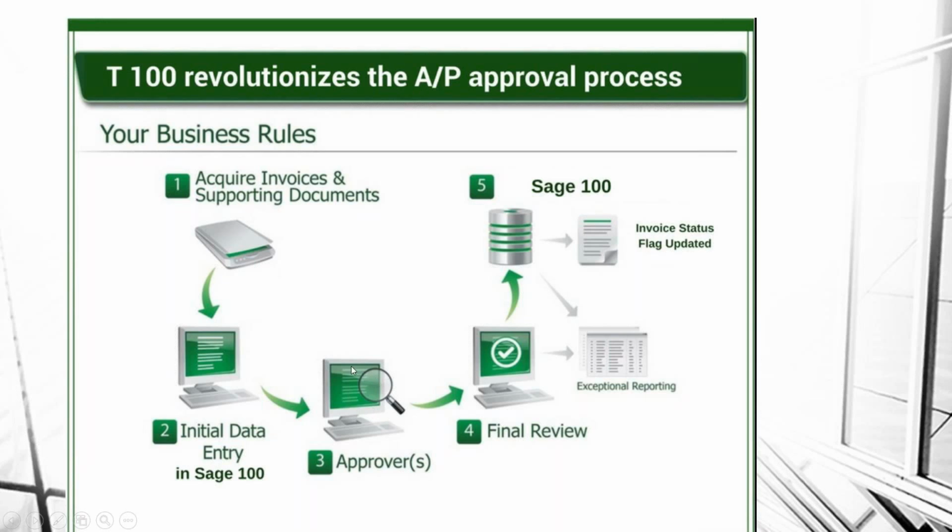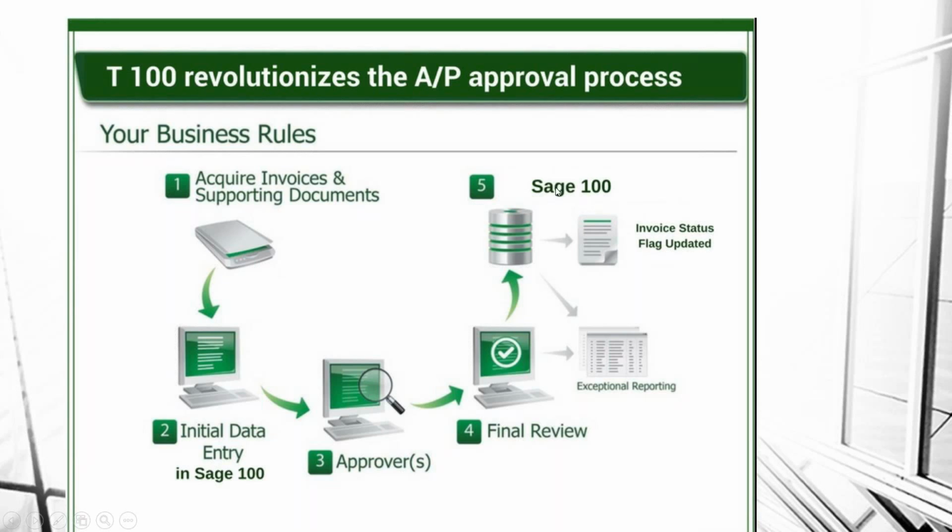Once it goes through the approval process, the approvers are actually logging into T100, looking at their invoices, and approving or rejecting those invoices. Depending on what happens at this point, that document could potentially go to one final reviewer, but ultimately, anything that occurs, Sage 100 is updated.